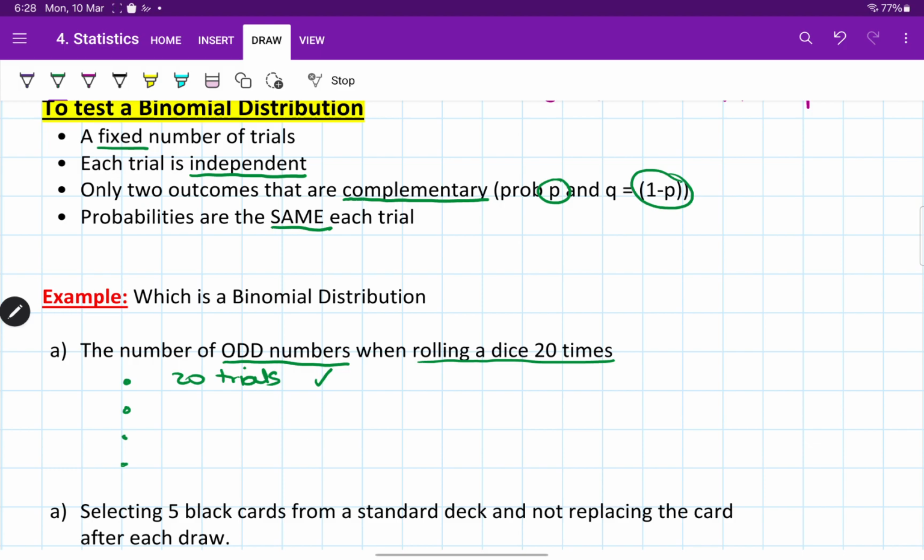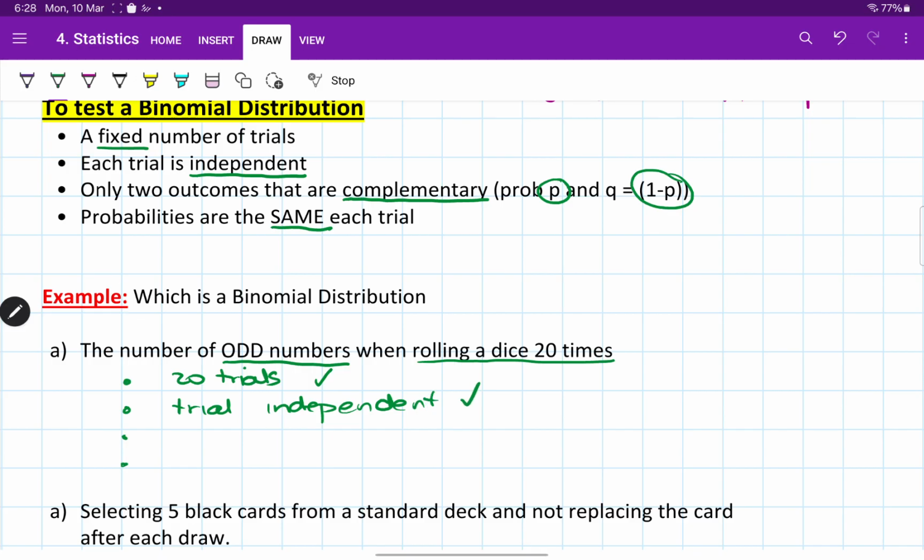Each trial is independent. So we've got to ask ourselves here, is the probability of getting an odd number on the first roll of the dice the same as on the 8th roll of the dice, the 10th, or the 20th roll of the dice? Yes, it is. Okay, so each trial is independent. The 5th trial has no bearing on what you're going to get on the 20th trial.